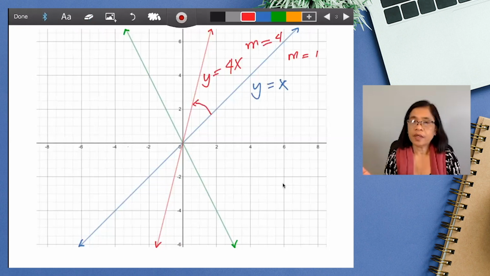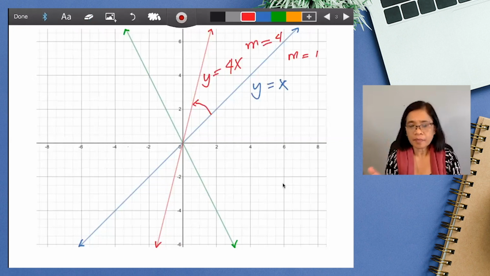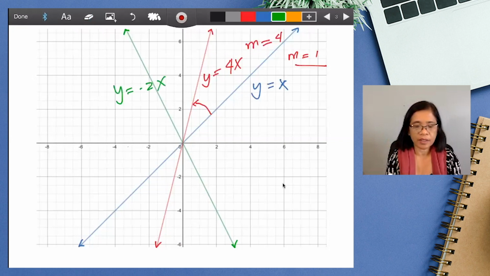So as we increase the value of m, the line becomes steeper. Both these two lines have positive slopes and they're both rising. They're both inclined to the right. And the green line, which we showed earlier, is the line y equals negative 2x. It has a negative slope and this line is falling. As x increases, y decreases.